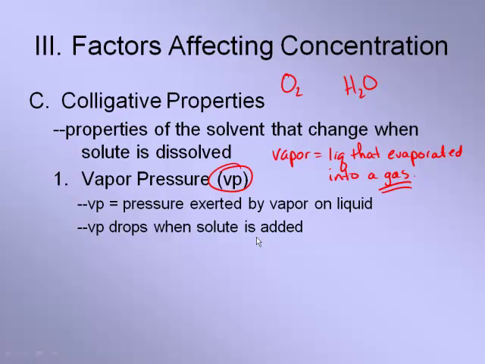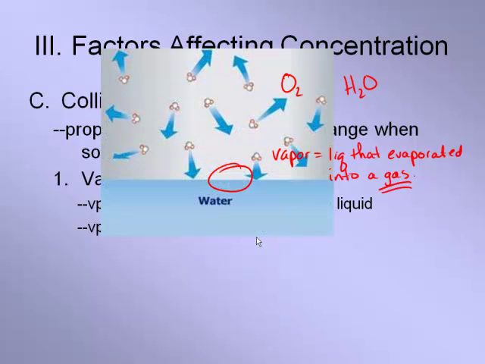Now, let me show you a little visual so you can understand the vapor pressure a little bit better. This is a visual representation of vapor pressure. What has happened is the water molecules have escaped from the liquid phase and are now floating around all over the place up above the liquid.